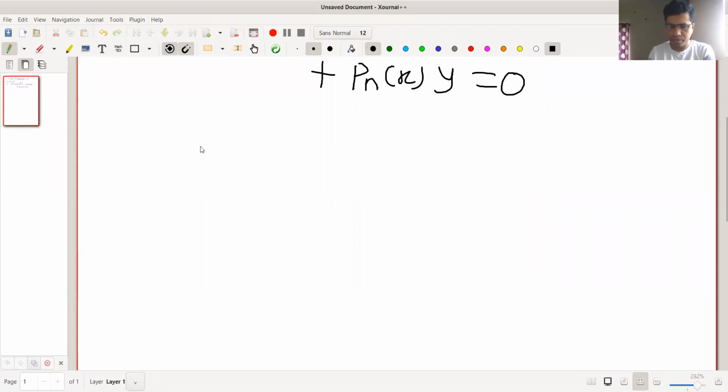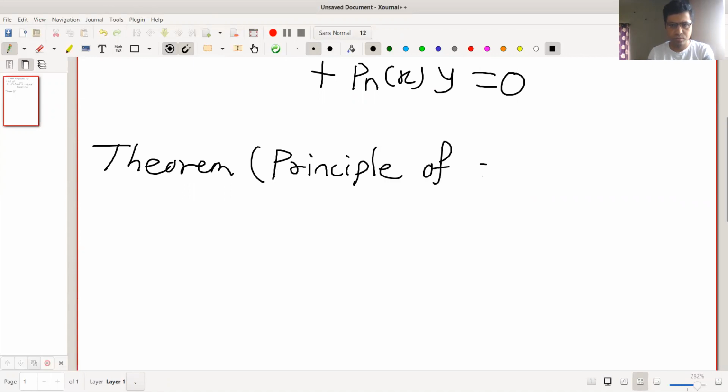The first result is the principle of superposition. So this result says that if we have a number of solutions to this differential equation, then their linear combination is also a solution.